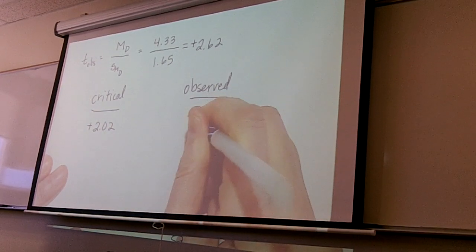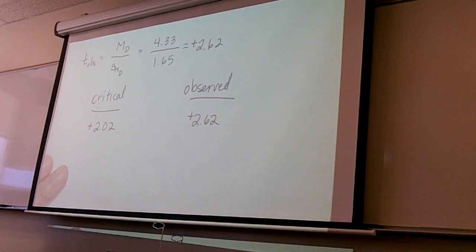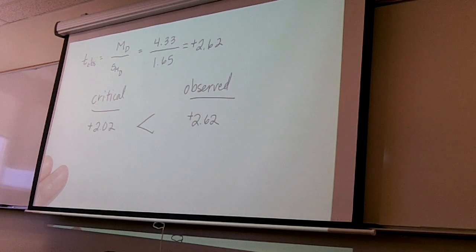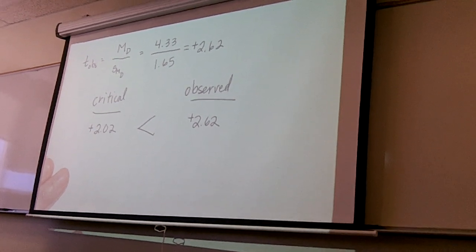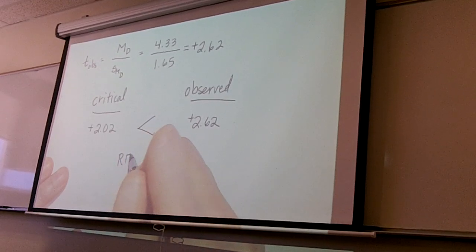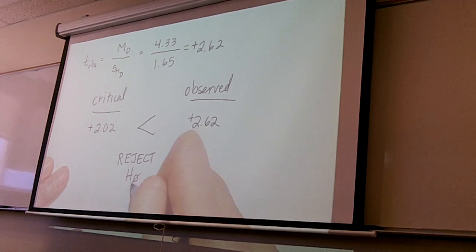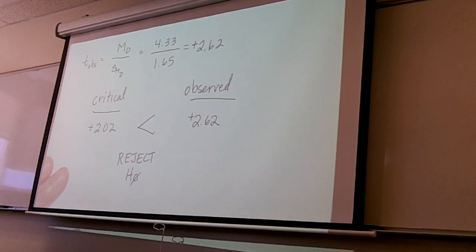And this is 2.62 positive. So that one's bigger. When it goes like that, it means reject the null hypothesis. We have a significant difference.